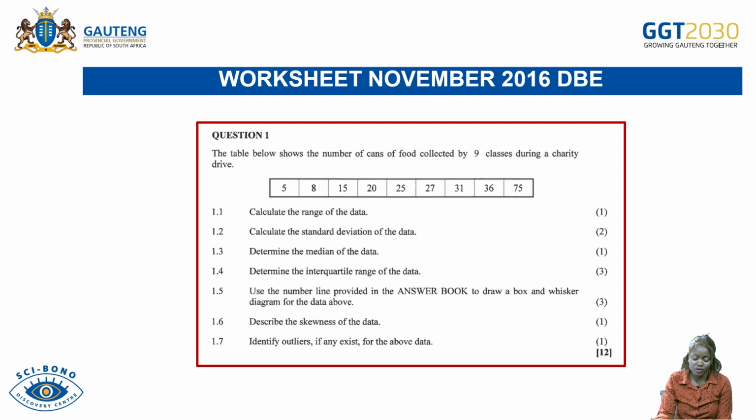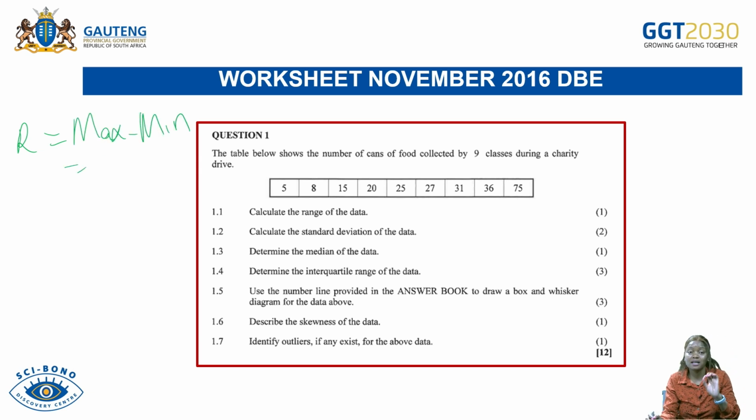You are given 5, 8, 15, 20, 25, 27, 31, 36, and 37. Everything has been arranged in ascending order. So try to do, let's say, the first 4. Let's answer the questions. It says the table below shows the number of cans of food collected by 9 classes during a charity drive. Okay, so 1.1 says calculate the range of the data. So remember the range is given by maximum minus the minimum.